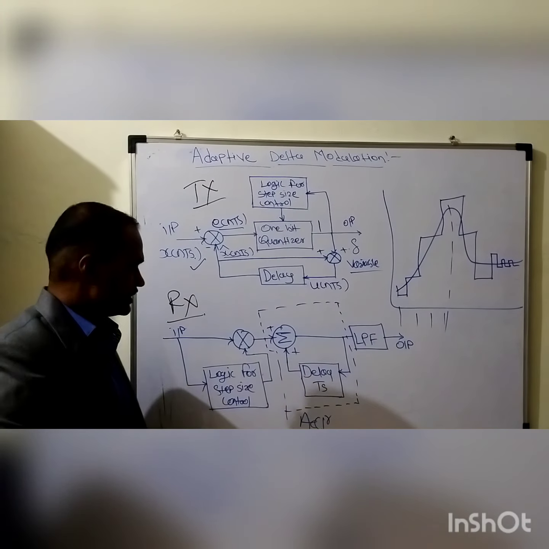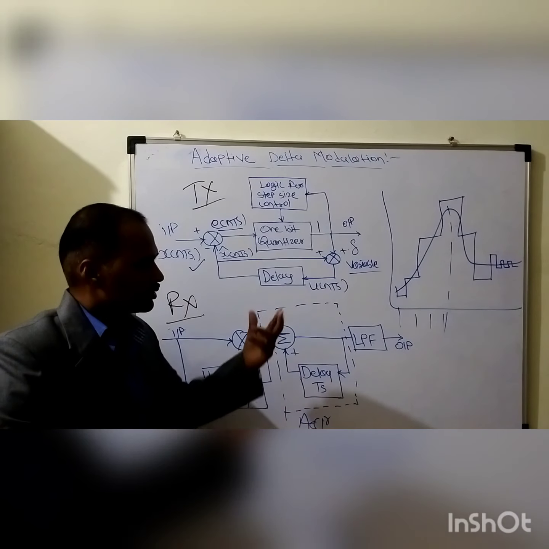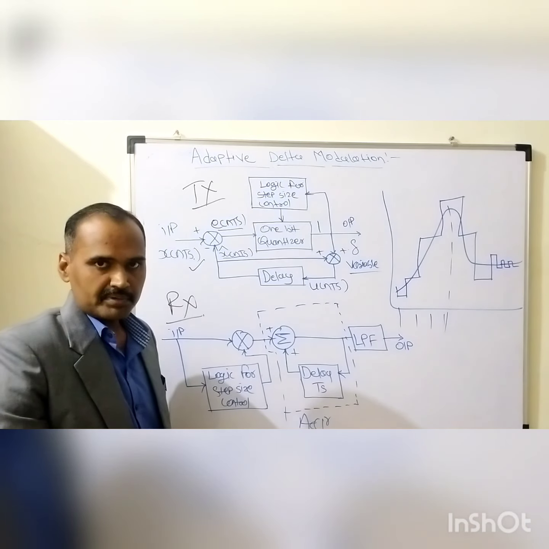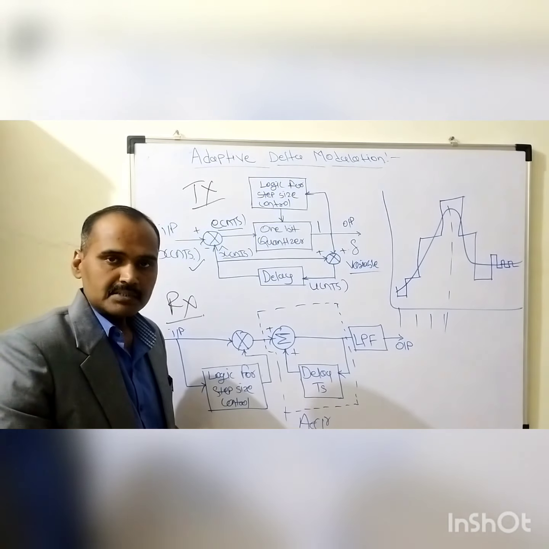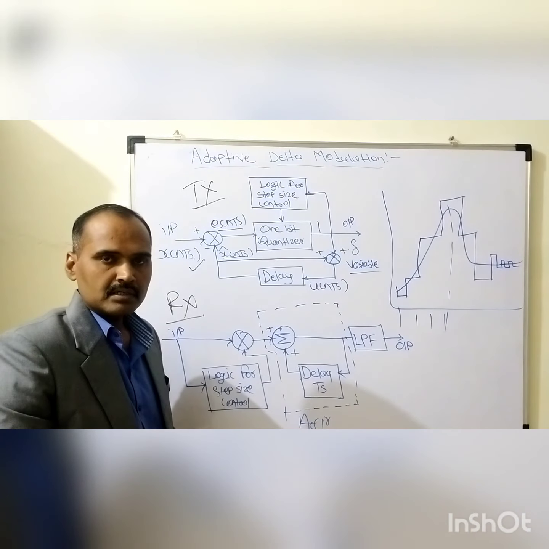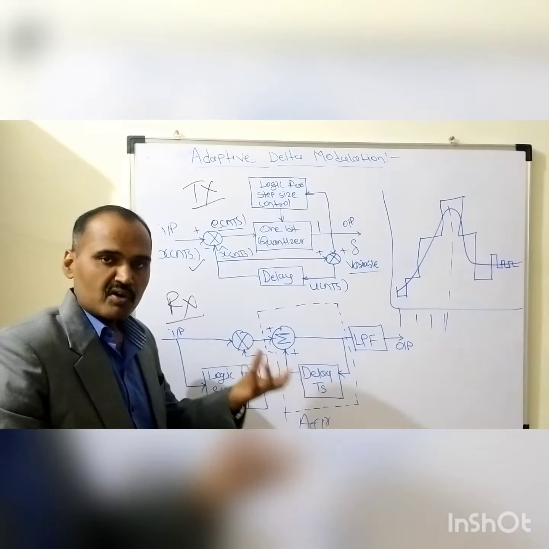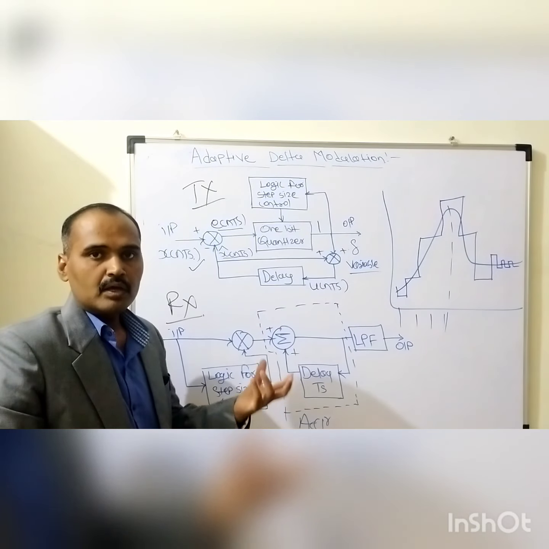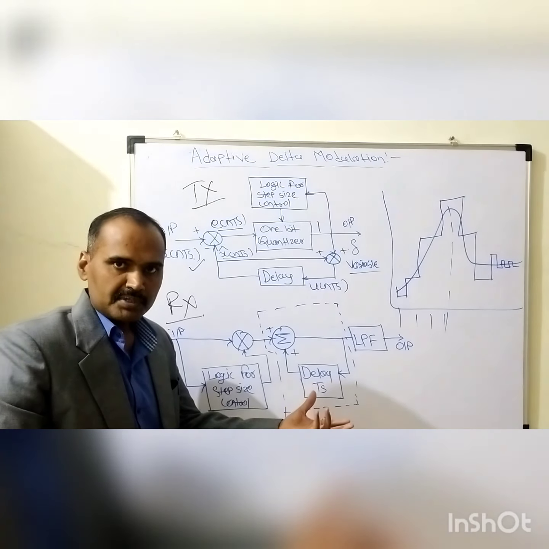So as you can see, this receiver receives the sequence of ones and zeros that are being emitted by this ADM transmitter. The working of this receiver or the decoder is divided into two different parts. Out of those two parts, the first part involves the generation of the desired step signal. One question arises in our mind: how are these desired step signals being generated?